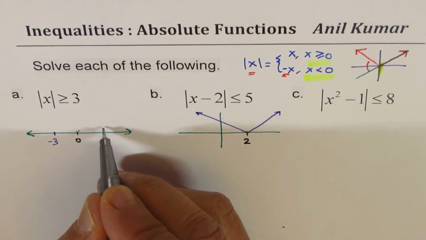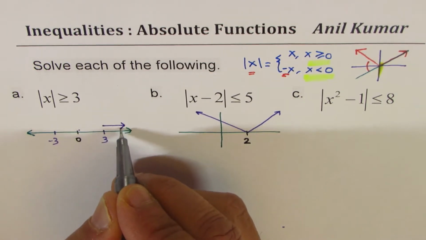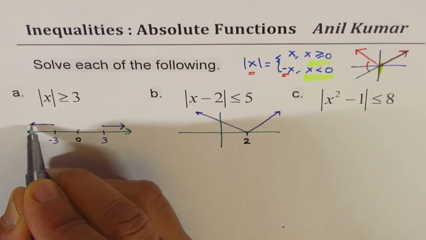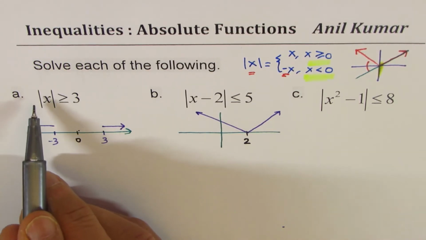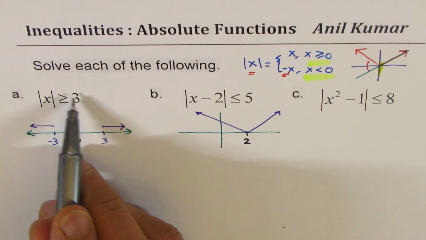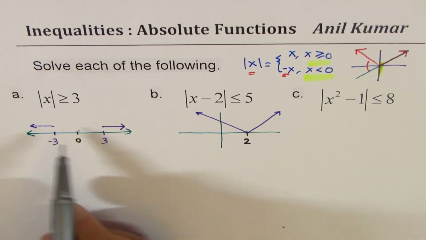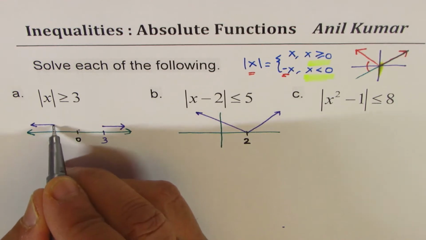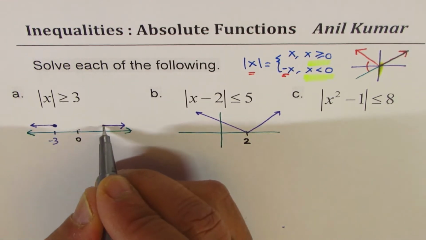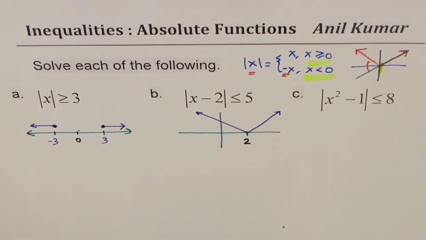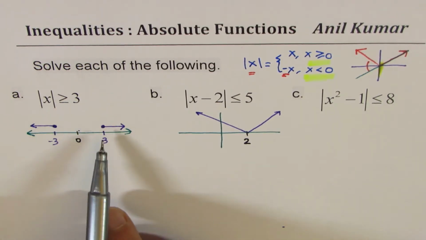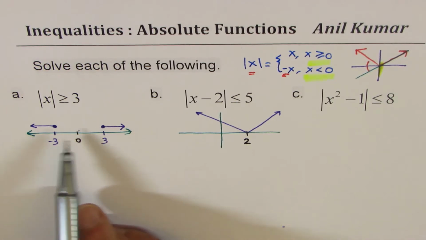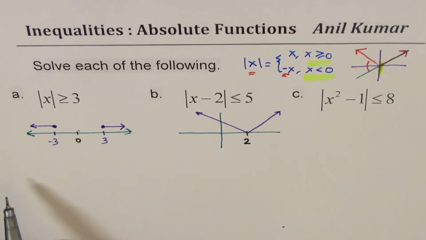That means we're looking for something which is in this direction. Do you see that? So the inequality itself shows you the solution. And when this is equal to, we have to also include the points x equals plus and minus 3. So, greater than means away, correct? Away. So you get your solution. Do you see how easy it is?